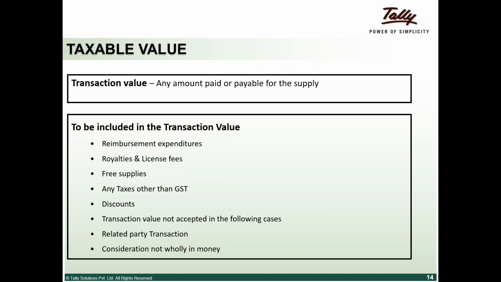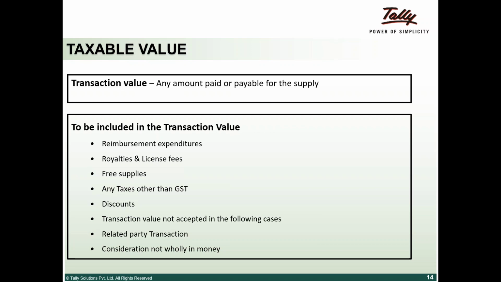Transaction value is not accepted in the following cases: related party transactions, which have to be at arm's length, and consideration not wholly in money, which triggers the valuation rules.